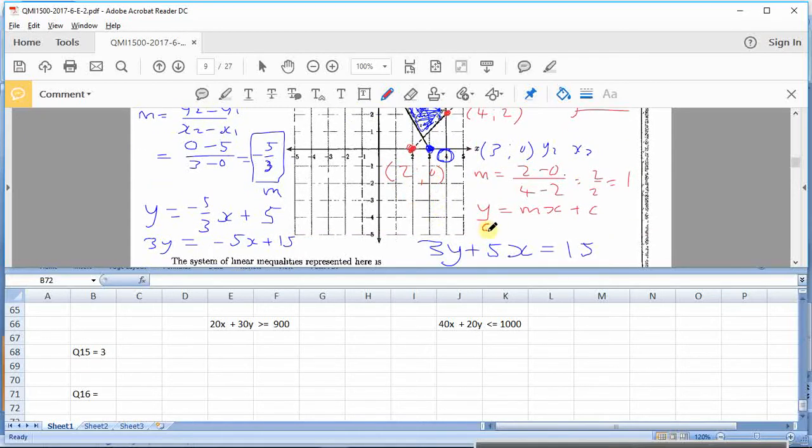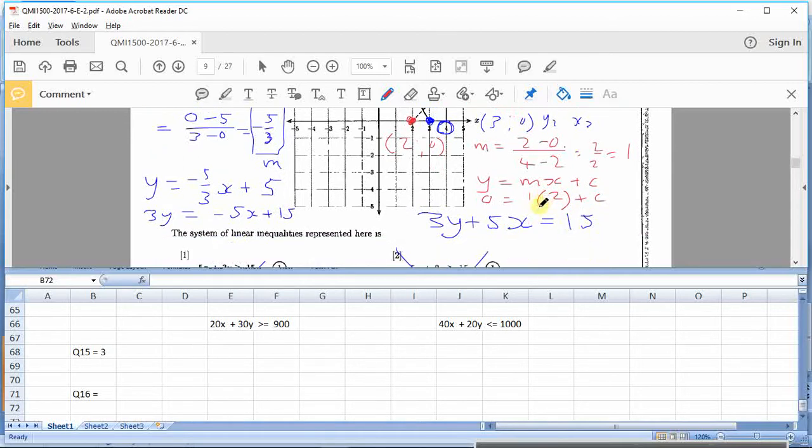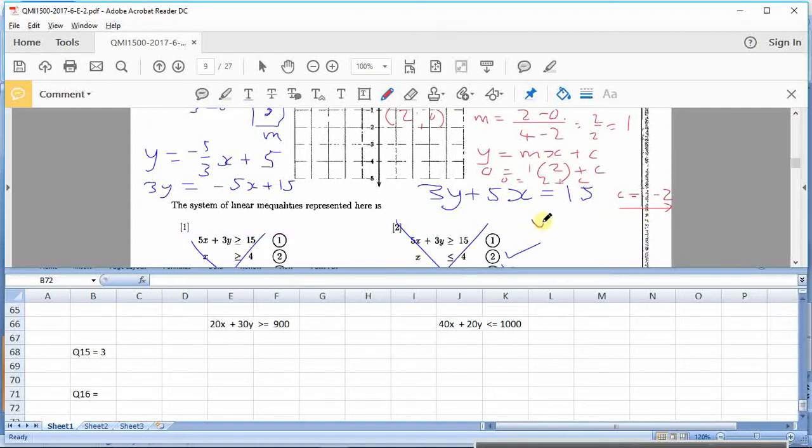So 0 equals 1 times 2 plus c. So 2 equals 0 plus c. So c is minus 2. Okay, now we've got the c. Right, so now I know y equals 1x minus 2.